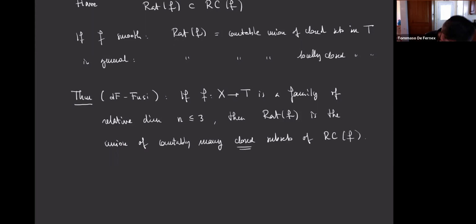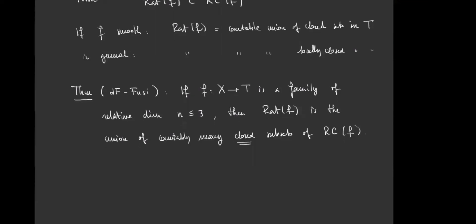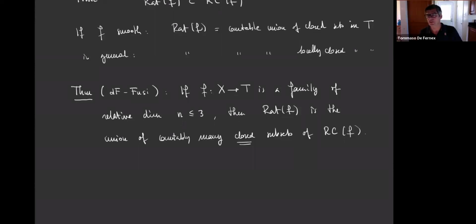So the key point is that we go back to this word closed rather than locally closed. So in particular, if all the fibers are rationally connected, then this is a countable union of closed sets in T.